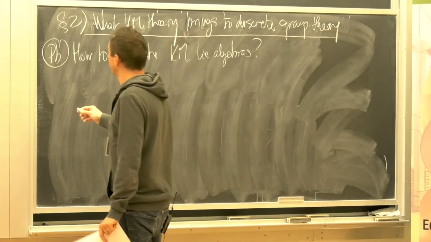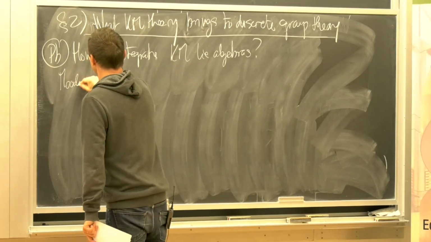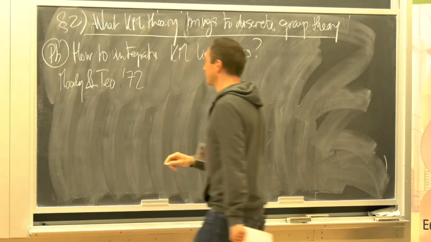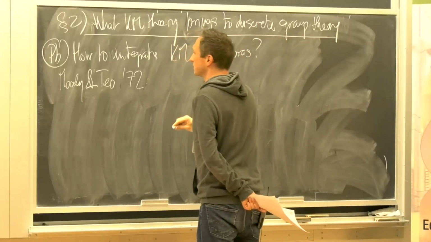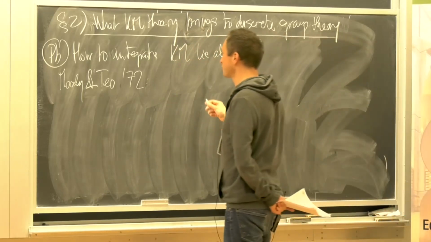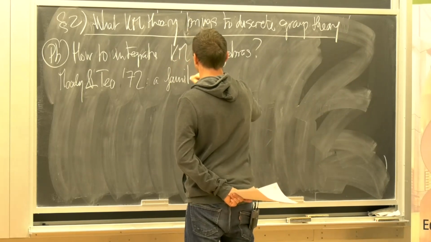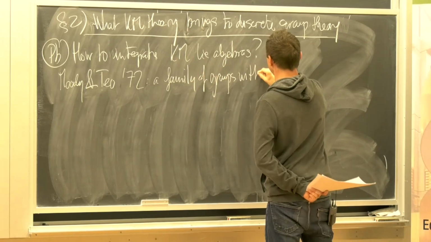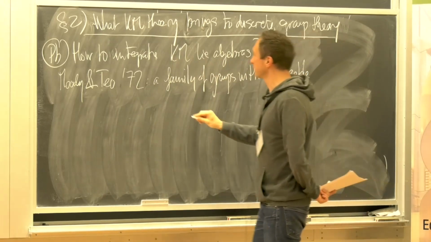It is a difficult problem, which was first, I think, considered by Moody and Teo in the early 70s, and the outcome of this attempt, of this proposal of definition, was a family of groups with remarkable combinatorial properties.